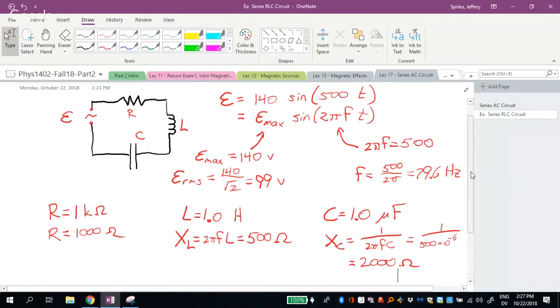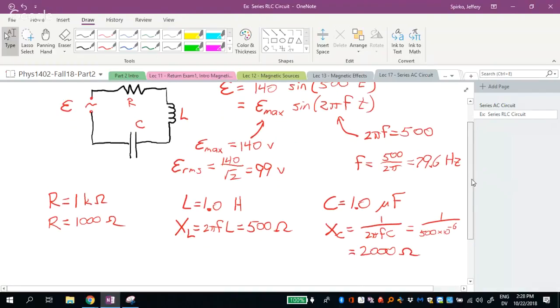So we have this circuit where the way it's set up and the way it's operating, we have 1,000 ohms and 500 ohms and 2,000 ohms all in series, but they're not resistances, so we cannot add them. We have to combine them step by step.